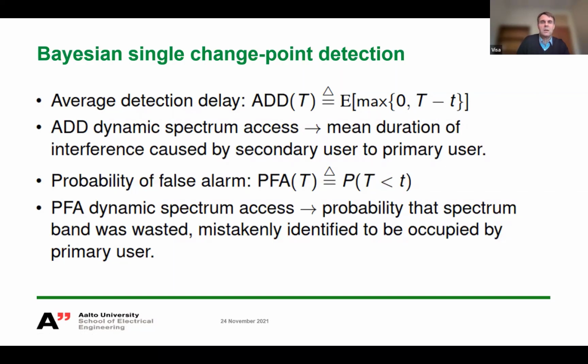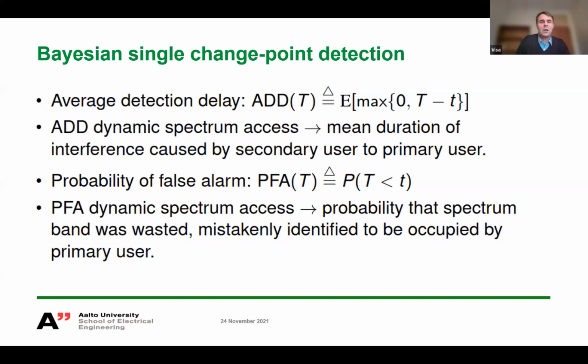Depending on the application, the meaning of this would be different. For example, if the problem is monitoring the radio spectrum for flexible spectrum access, the longer time you take to detect that the spectrum has become occupied, the more you would cause interference to everybody else, and everybody would have to retransmit their data. As a result, you would consume a lot of spectrum and cause a lot of retransmissions.